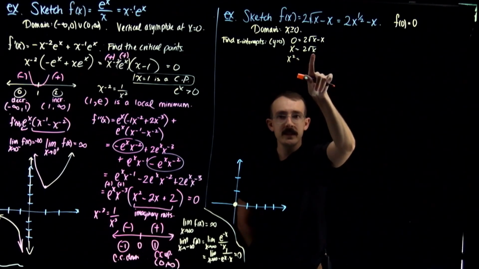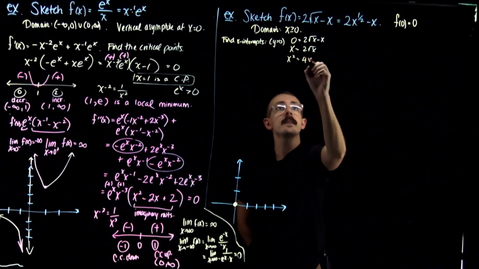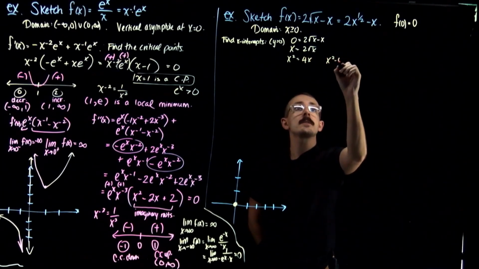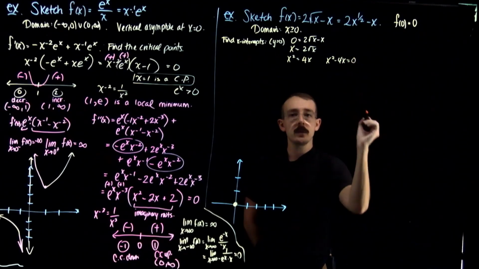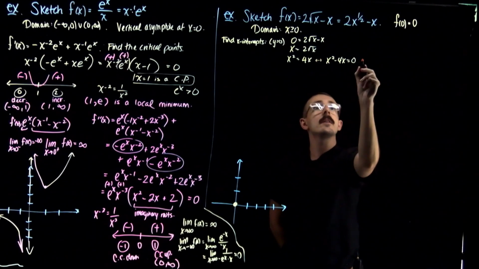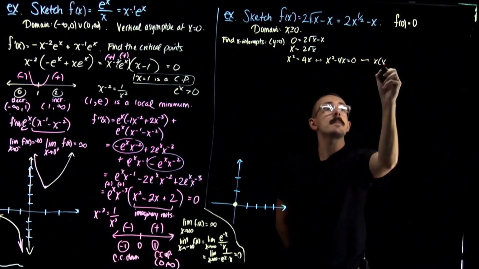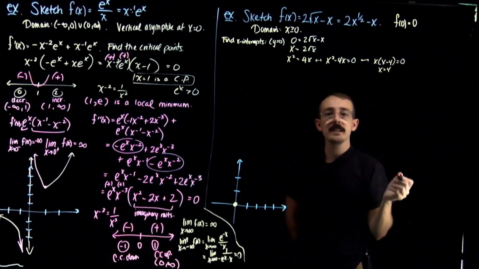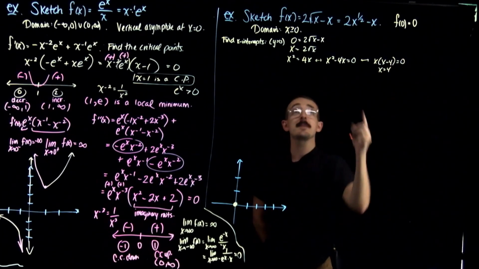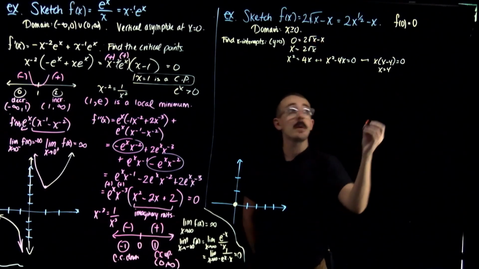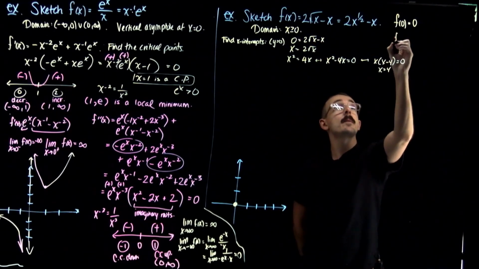You square each piece, so I'll get 4x. Let's subtract the 4x over, set it equal to 0, and then factor. So I'll get x times x minus 4 equals 0. Then it turns out x equals 4 is another intercept. And if you plug in 4, you'll get 4 minus 4 is 0. So that's another point on our graph that would be good to have.